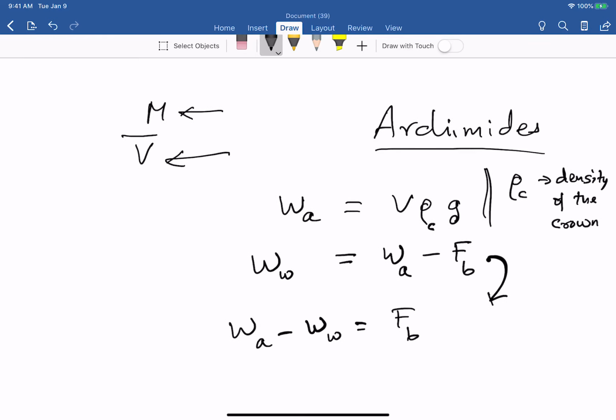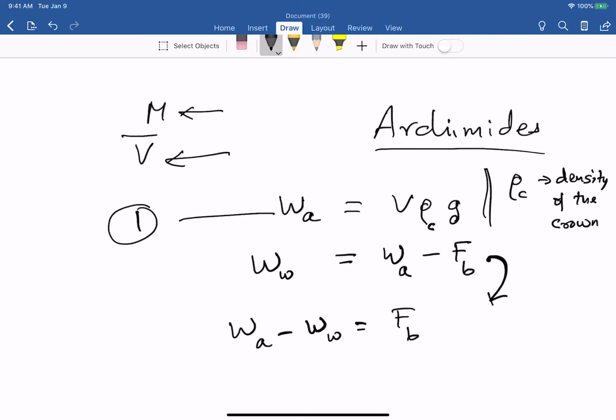The weight in air is something that you can very easily measure. Weight in water also you can very easily measure using a spring. You can measure both of these using a spring balance. Let's call this equation number 1, and let's also write down the formula for the buoyant force.